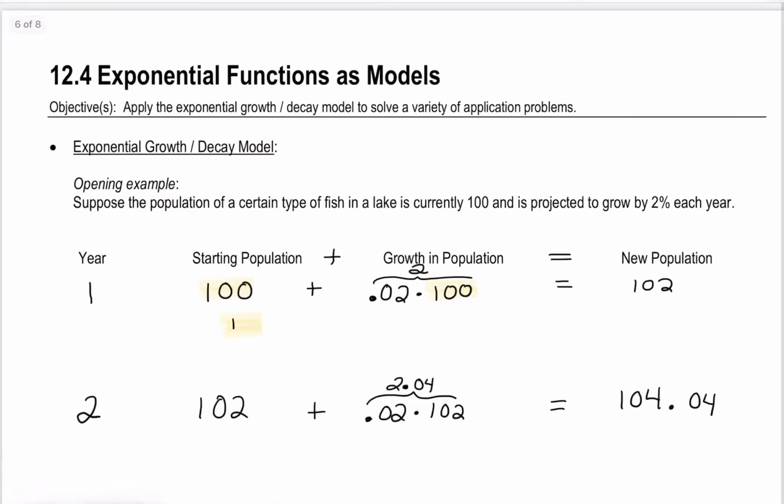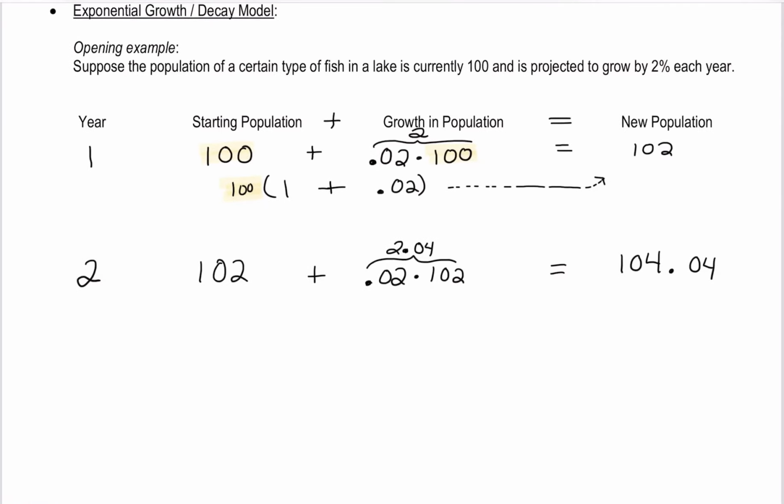And so this would be 100 times 1, because I factored it out from the first term, plus 0.02 would be left in the second term. And so that is another way to think about how we're getting to that new value here. So again, kind of the same thing, but that is another way to show that we get to that end result.